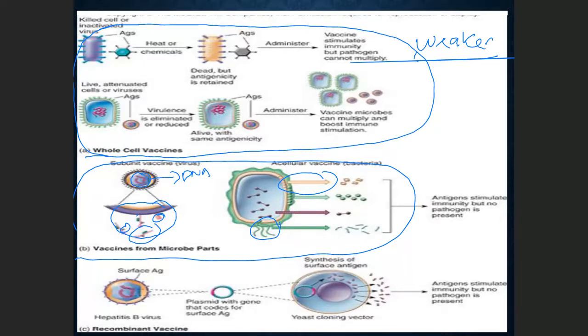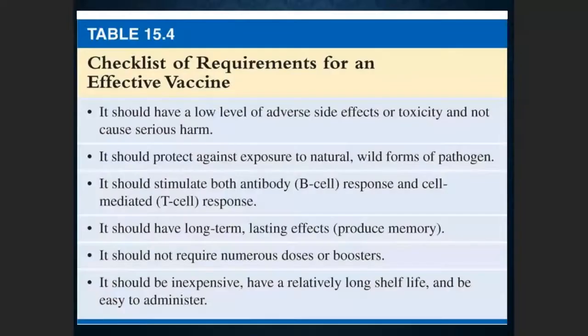Or maybe using recombination, using bacteria to produce a special vaccine. So this is how vaccines are actually made. These are some requirements for an effective vaccine. It has to be low levels, with low adverse side effects or toxicity.